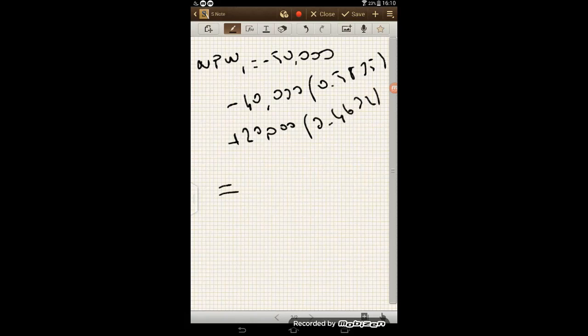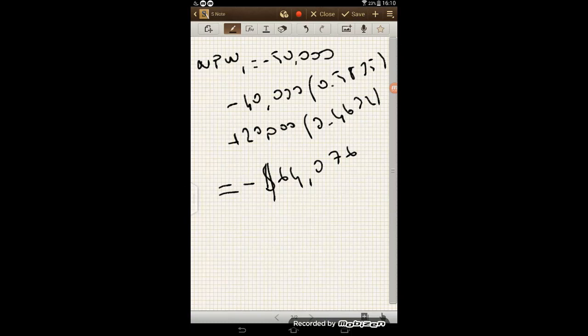When we add them together, we end up with minus 64,076 dollars as the net present worth of the first alternative.